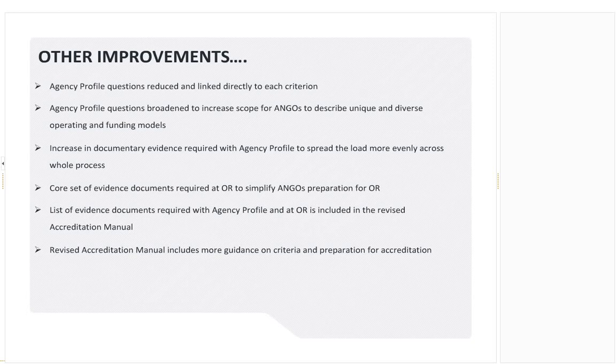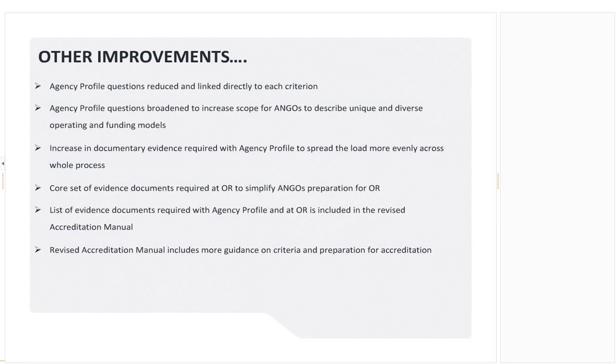You'll find also, if you refer to the accreditation manual, that there's now a core set of documents that will be required at the OR. And this again was in response to NGO feedback that they would like more support and preparation for the OR process.